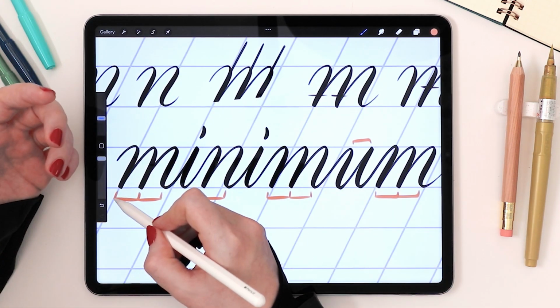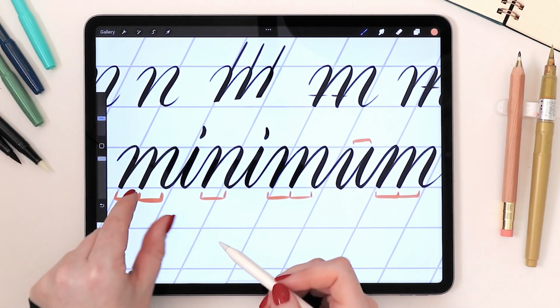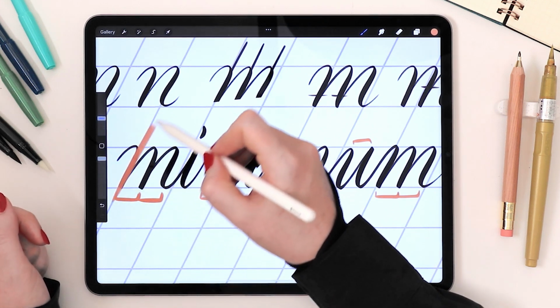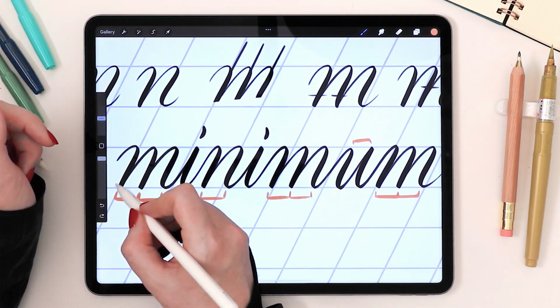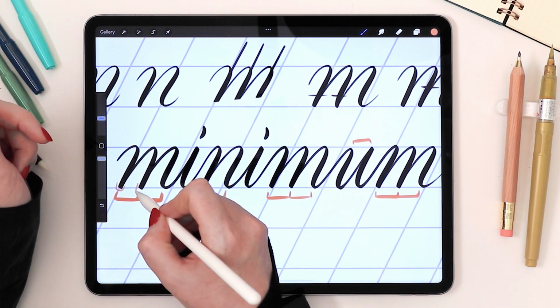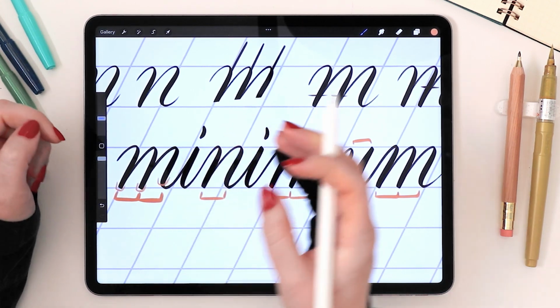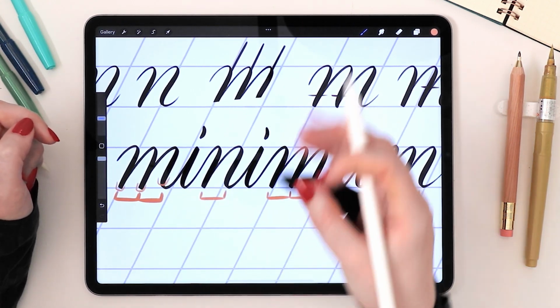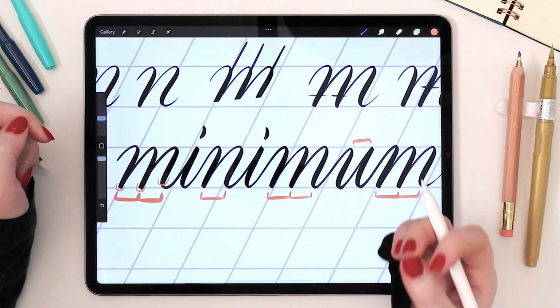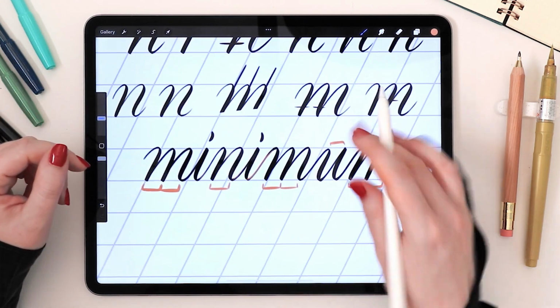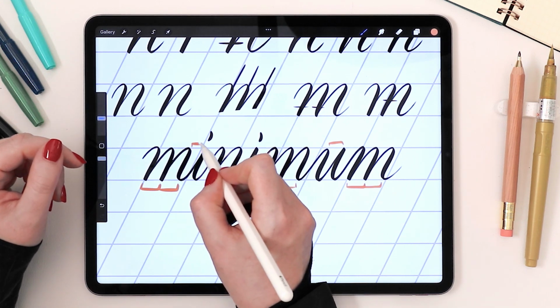So you have uniform widths between these downstrokes. You have uniform slant. You have equal width, approximately, of these downstrokes, meaning that equal pressure was used in the thickest parts of them to create the same downstroke width. And then you have letter spacing consistency.